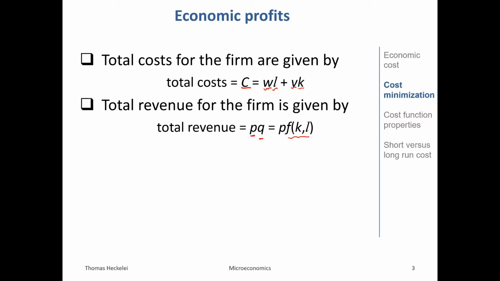In these two definitions, there are some implicit assumptions. The first thing about cost is the price of input is assumed exogenous, or given to the firm. So the firm has no influence on the market price of input, capital and labor, by its quantity of usage of labor and capital.